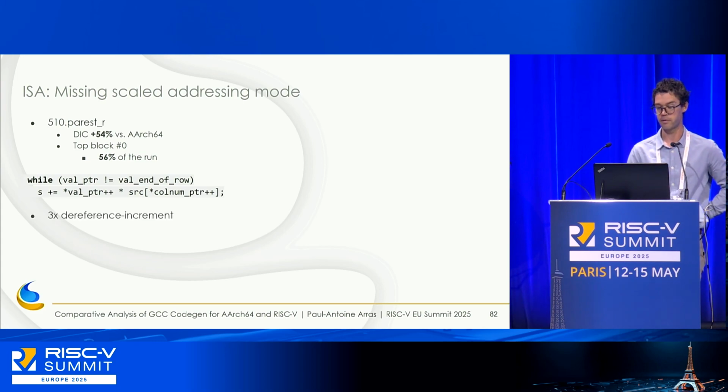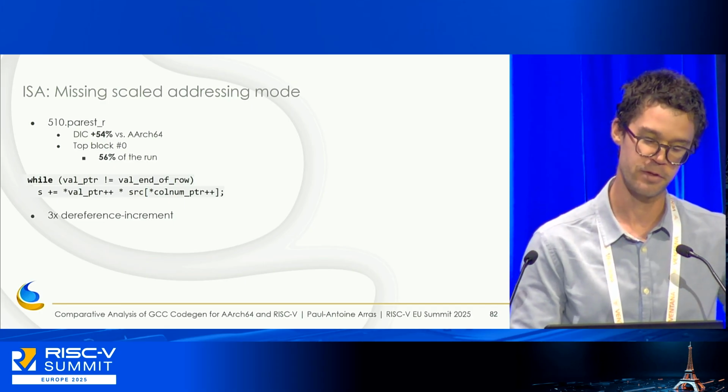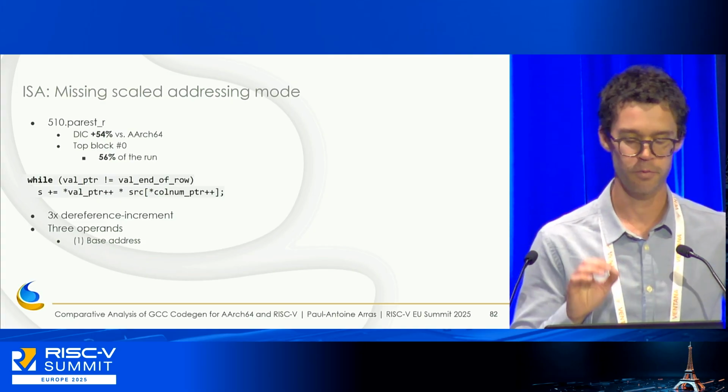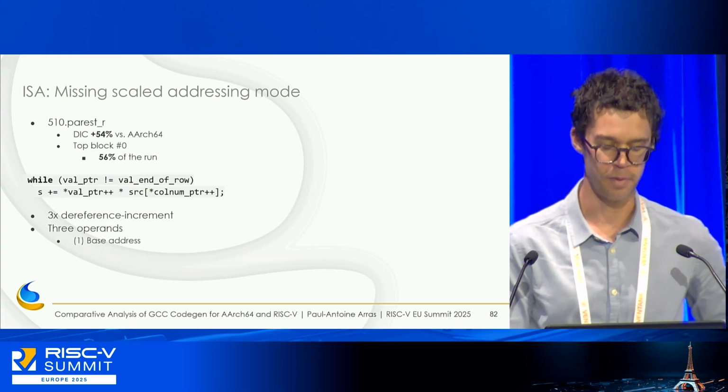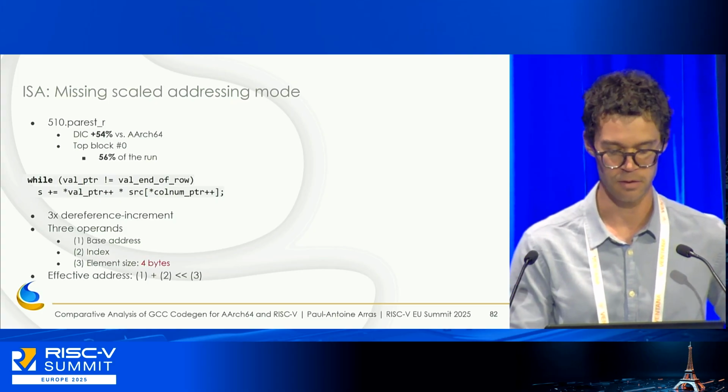This code is really simple, but it has three times the same operation, so dereference and increment. For each of those operations, we've got three operands: the base address, the index, and the element size, which in this case is 4 bytes.